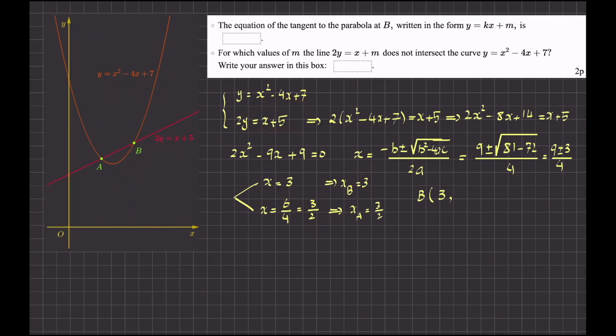The second one is simpler, so 3 plus 5, 8, divided by 2, 4. So point B has coordinates (3, 4). Yes?